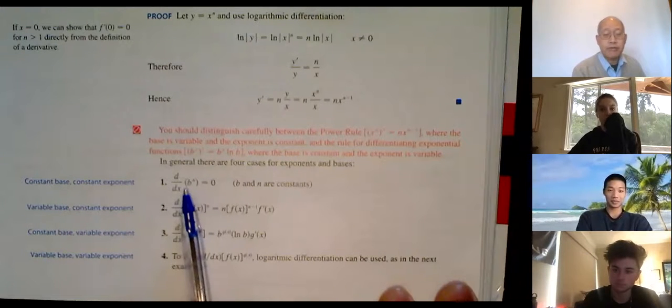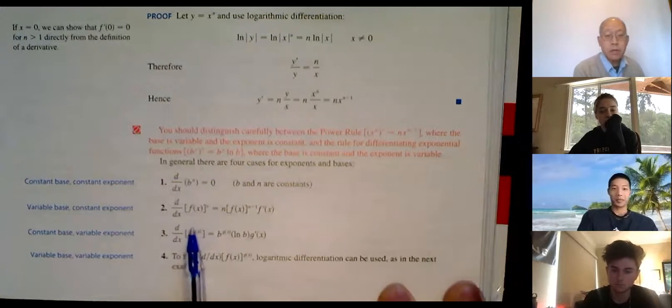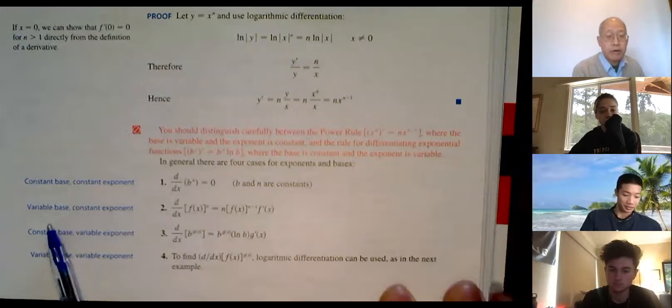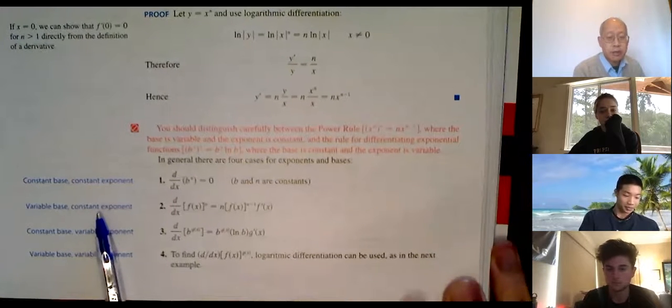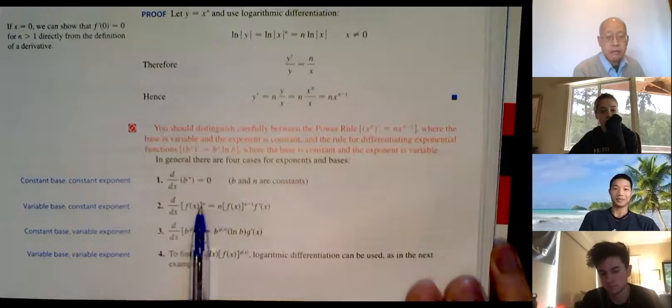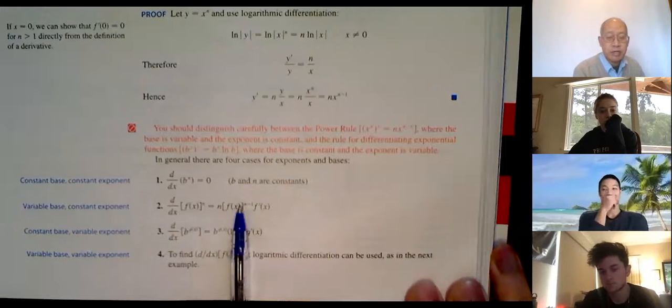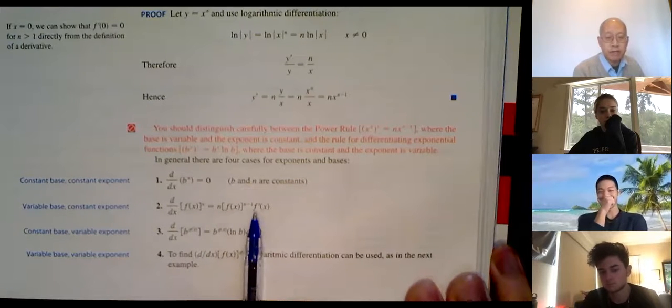So like the derivative of 3 to the 74th power, don't do anything, the derivative is 0. Okay, now variable base constant exponent, like f of x to the nth power, okay, that's the power rule. So n times f of x to the n minus 1, and then by the chain rule times f prime of x.